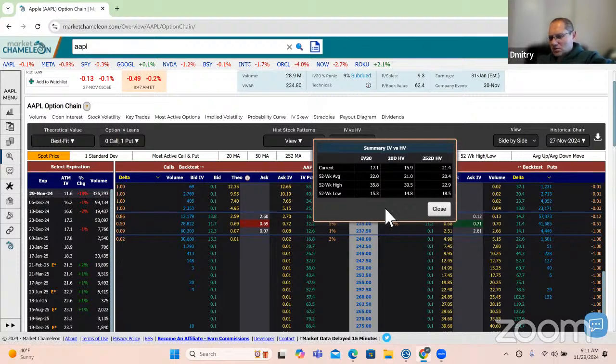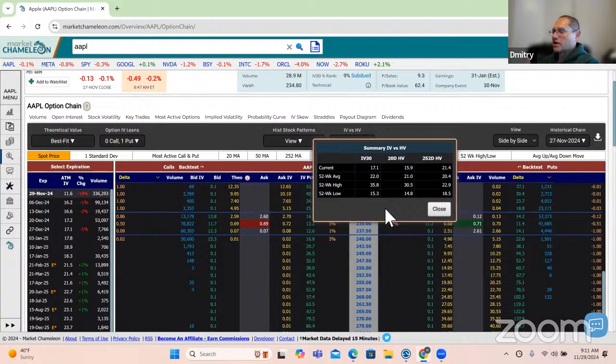Now that we have that, we may also want to reference the actual volatility of the stock, because what is implied volatility? It is derived from option prices, and just like the name says, based on the option prices, the markets are implying a certain volatility going forward, right?